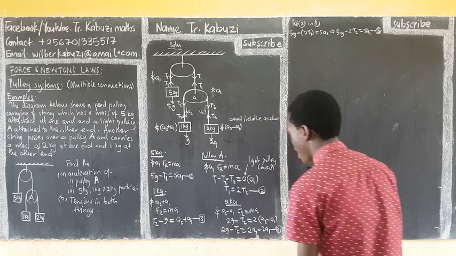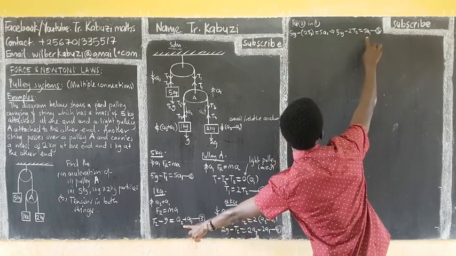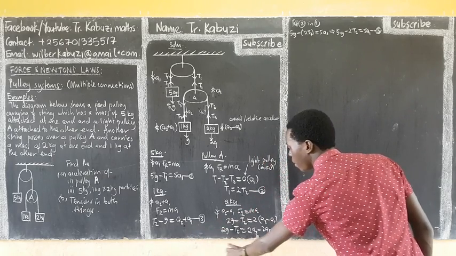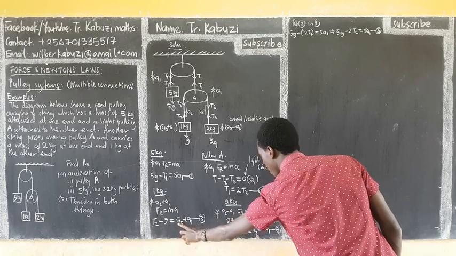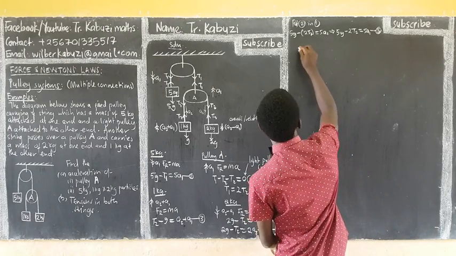Okay, then from here I have a1, so I want to eliminate a2. What am I going to do? I'm going to multiply equation 3 by 2, then subtract it from equation 4.